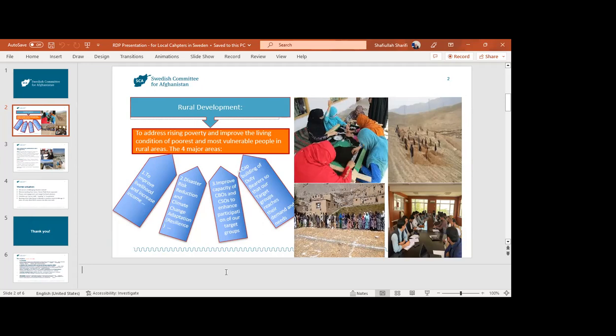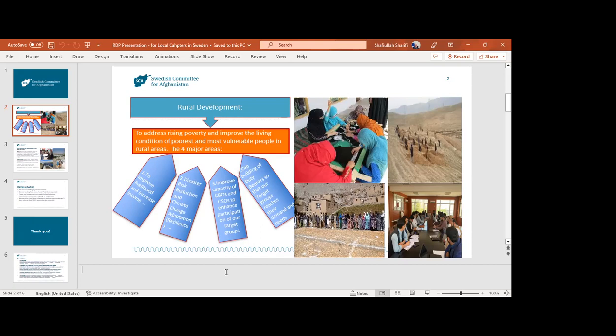The fourth area that we are working in is the capacity building of duty bearers, so that our target group reach their demands. In this area, we are closely working with the de facto authorities. We have very close cooperation.